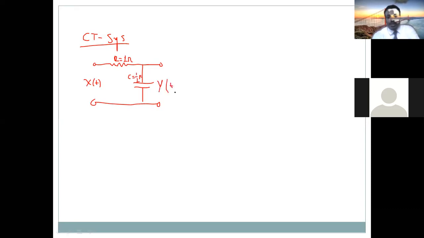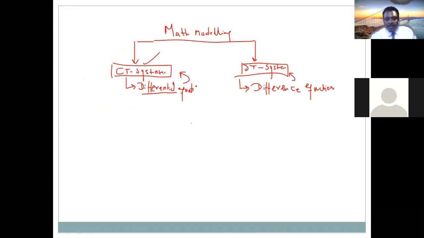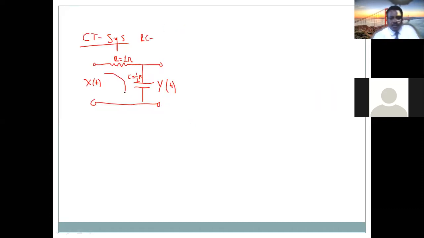So what is the equation of this system, which consists of 1 resistor and 1 capacitor, an RC system? Let's develop an equation which relates input with output. Because our system is continuous time, the equation we are going to develop is called differential equation. So here, this is our current flowing in this circuit.